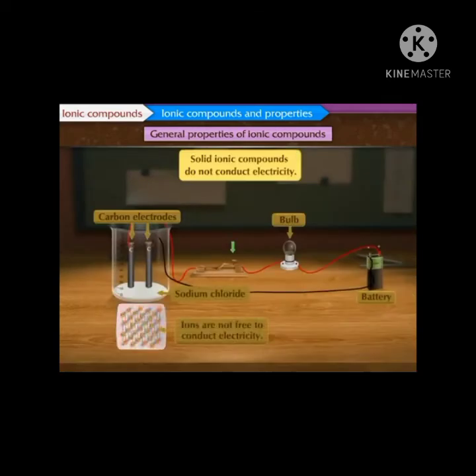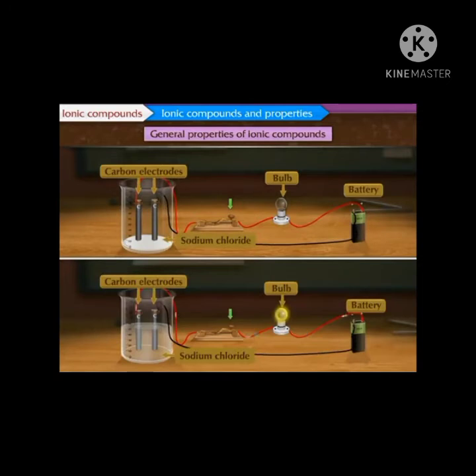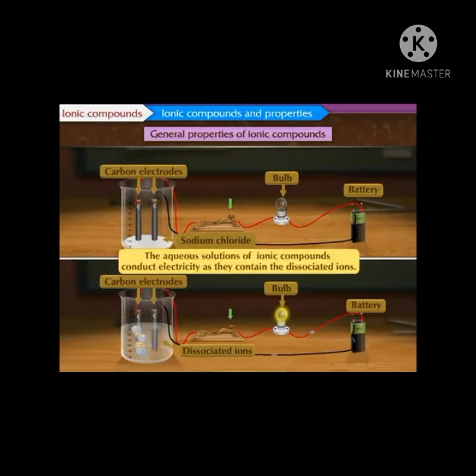Solid ionic compounds do not conduct electricity because the ions in them are not free to move. When these compounds are dissolved in water or when they are melted, the ions become free to move and can conduct electricity. The aqueous solution of ionic compounds conducts electricity as it contains the dissociated ions.